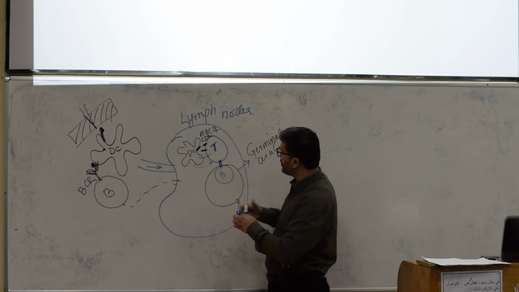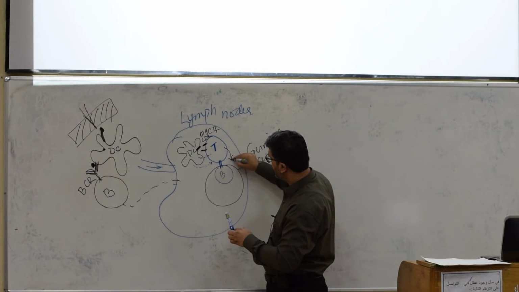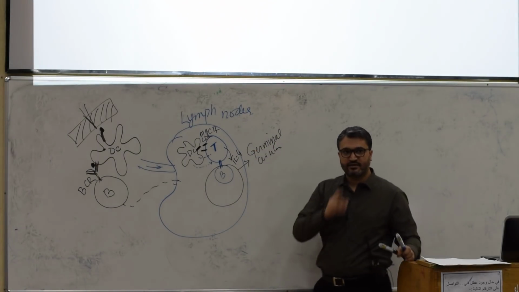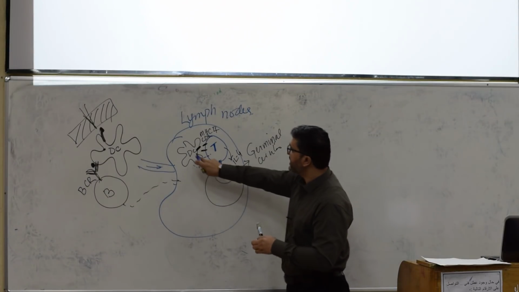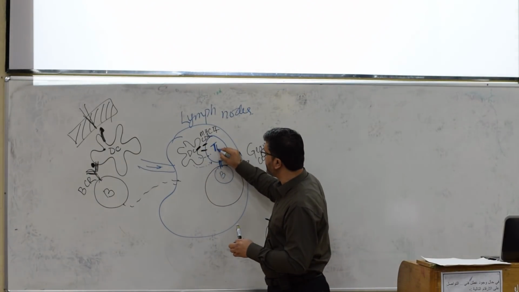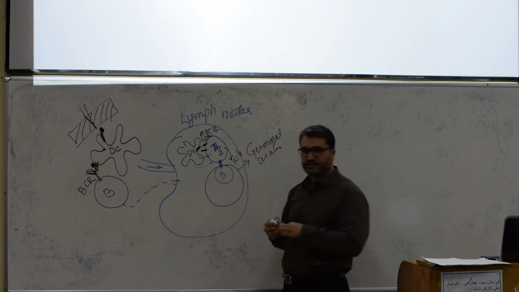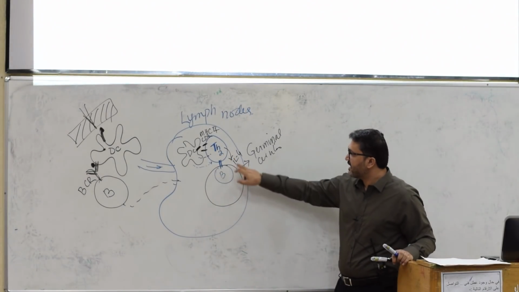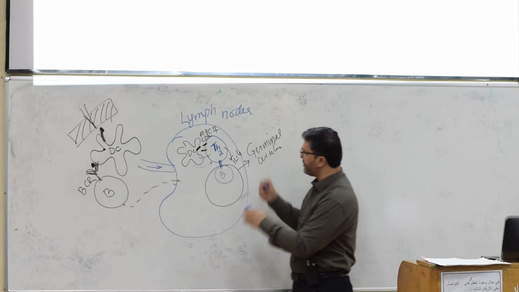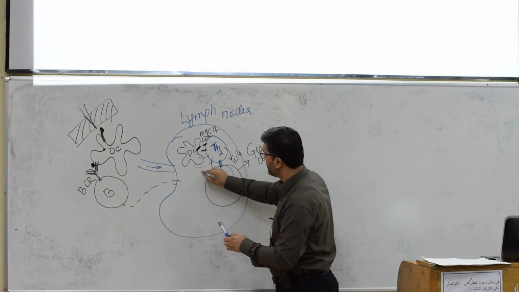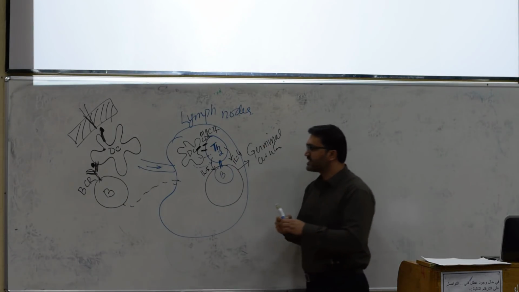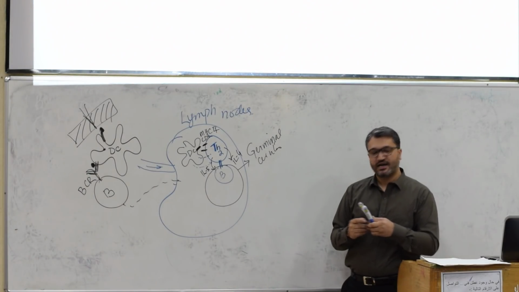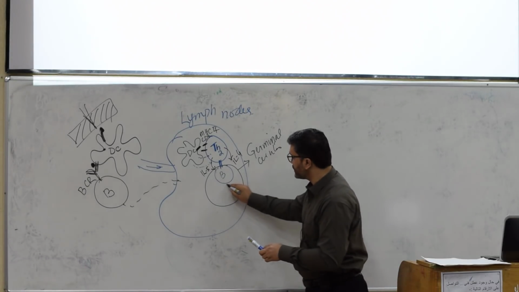If this T cell produces IL-4, what's going to happen? Yes. So basically, the allergens tend to create a Th2 response. This Th2 will give help to the B cell, and IL-4 and IL-5 will be produced. So B cells should produce which antibodies? IgE. There will be class switching.